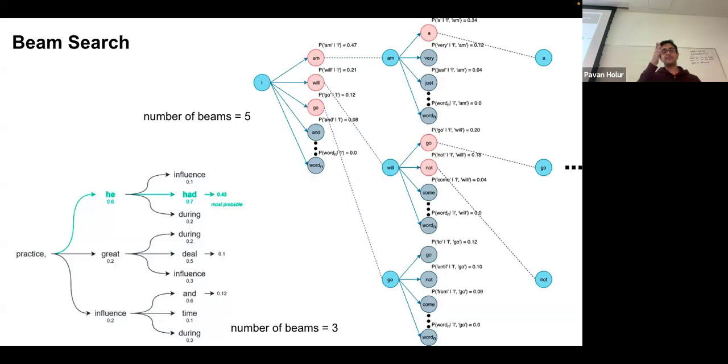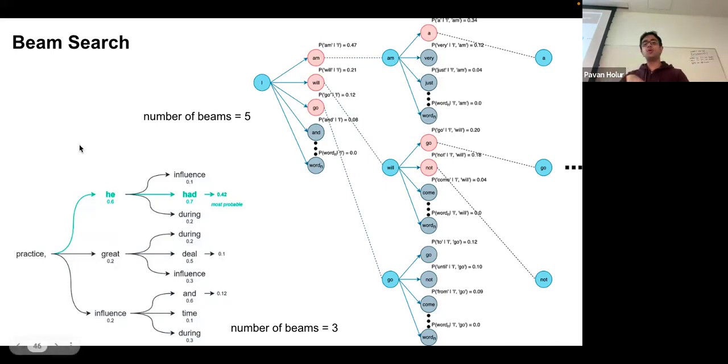At this point you have practice and you're tasked with picking the next token. You can either pick he, great, or influence, right? But what you do first is you say, okay, he, great, influence. Let me go one more step. For each of these possibilities, for he, I can go with influence, had, during. For great, I can go with during, deal, influence. I actually run this inference for each of these options to find out what their probabilities are.